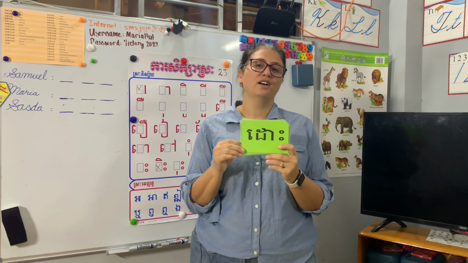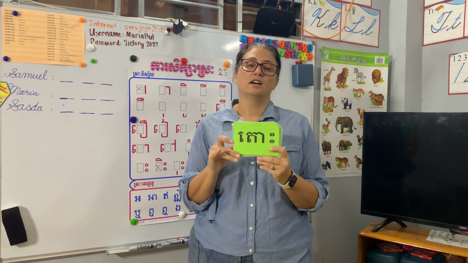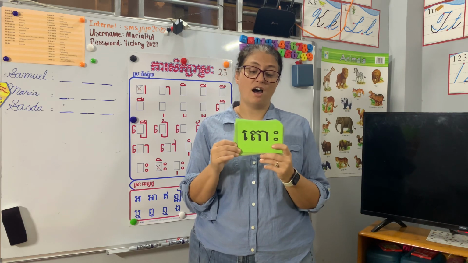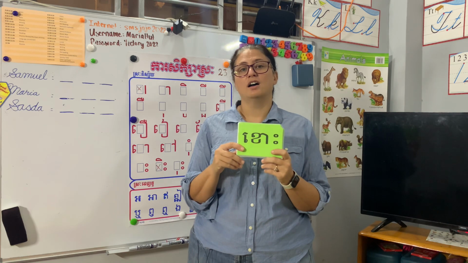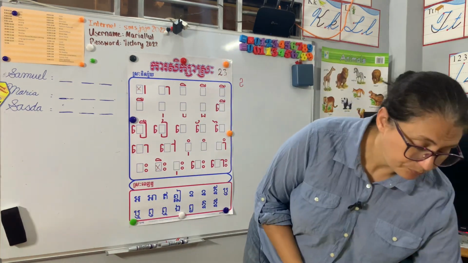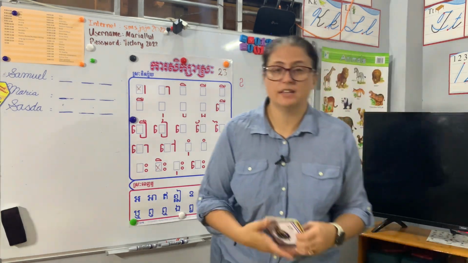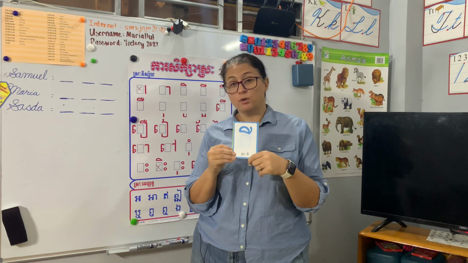Da, da. Ta, ta. And our last one, ka, ka. Okay, so now you know all the vowels. And I just at the end here, I would like to do a quick review of all the vowels. They're not in order, but see if you can say each of them.